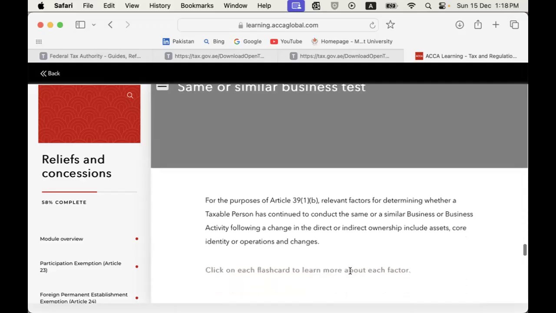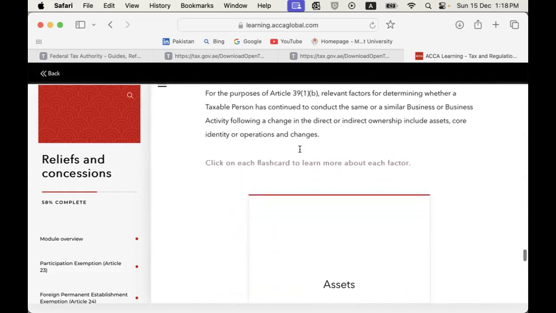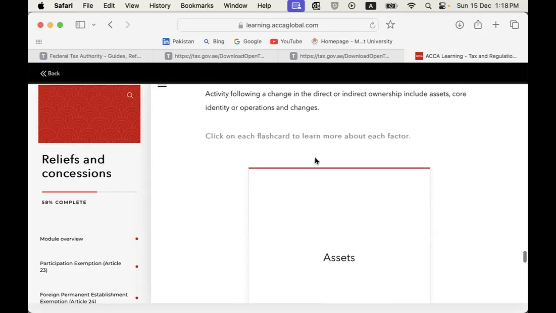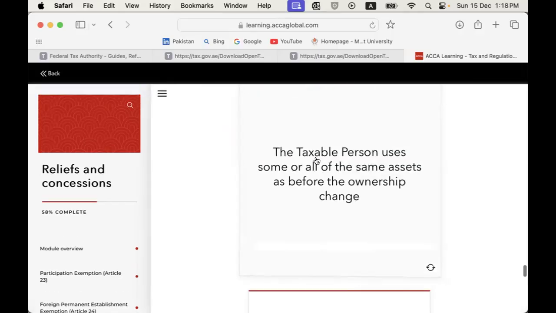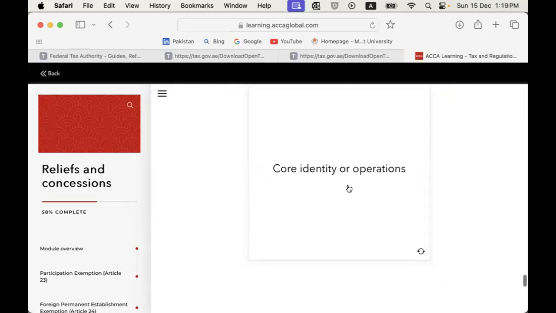Now we are going to look at the same or similar business test. For the purpose of Article 39, relevant factors for determining whether a taxable person has continued to conduct the same or similar business activity following a change in the direct or indirect ownership include assets, core identity, or operations and changes. Let us have a look at this. The taxable person uses some or all of the same assets as before the ownership changes. So the assets portfolio hasn't changed.